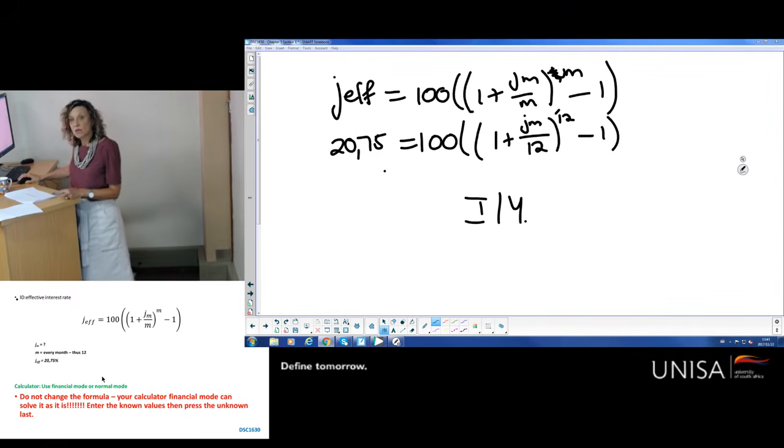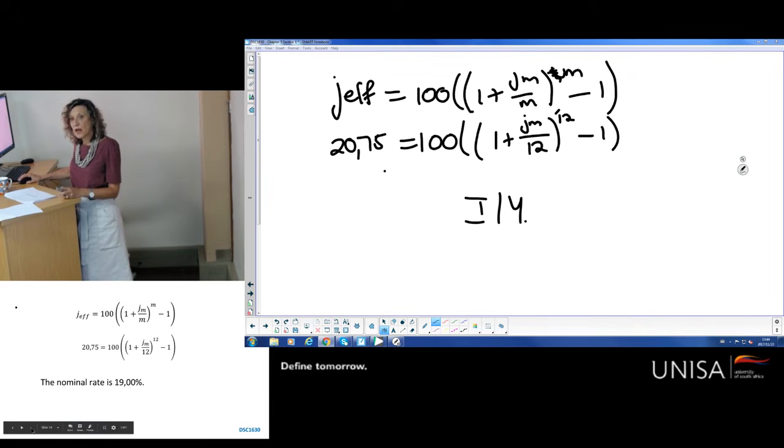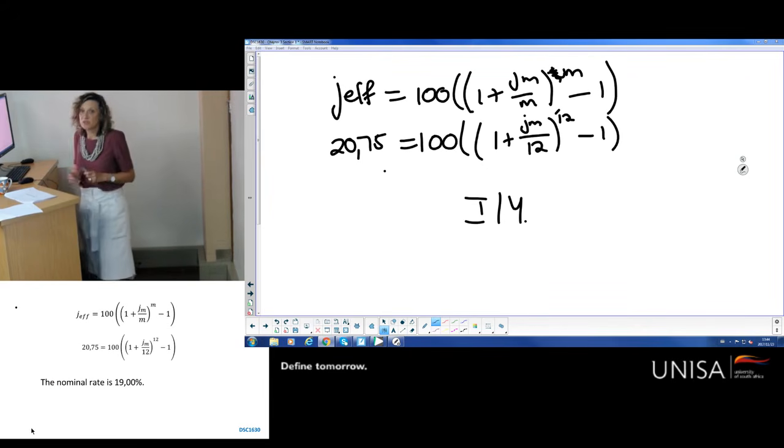There is our formula. We've entered everything. Again, do not change your formula. Your calculator's financial mode can do it for you. And the nominal rate is 19%.